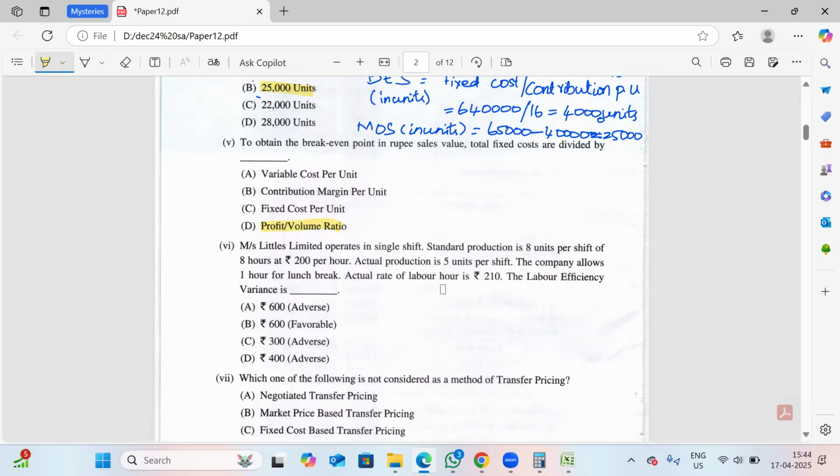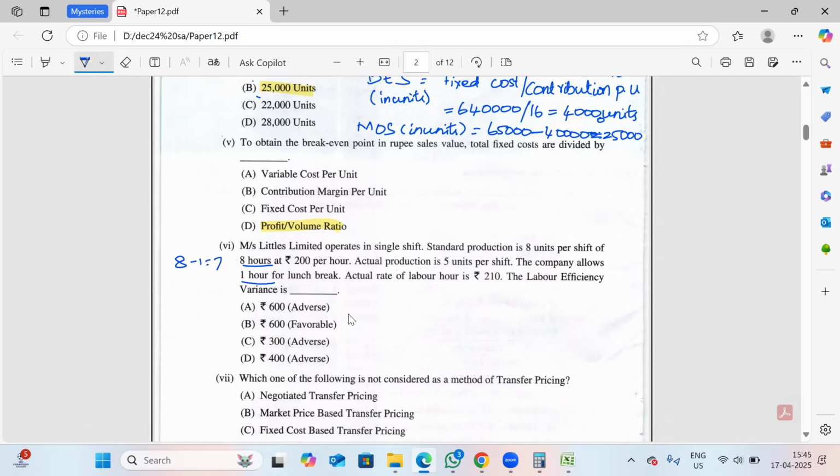Here in actual hours we have 8 hours, but you have to remember how many hours are utilized for production. In the 8 hours we have a 1 hour lunch break, so actual hours of production is 8 minus 1, that means 7 hours.